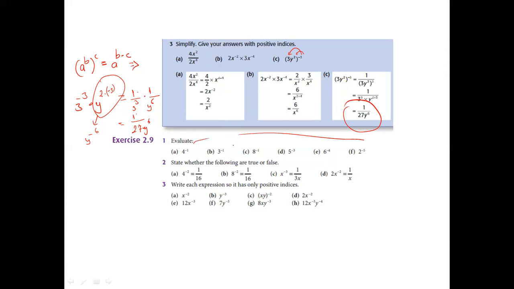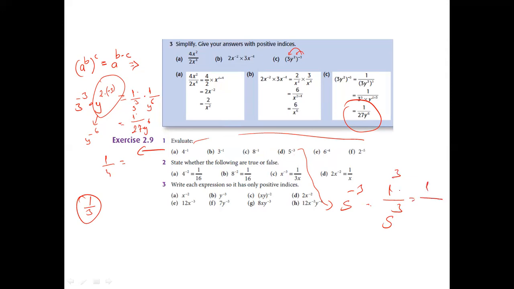4 to the power of minus 1 is equal to, you just change the places, 1 over 4. Okay, and the next one is 3 to the power of minus 1, 1 over 3, and 1 over 8. And different powers, for example, 5 to the power of minus 3. Also, you will write it as a fraction, 5 to the power of 3, or 5 cubed.